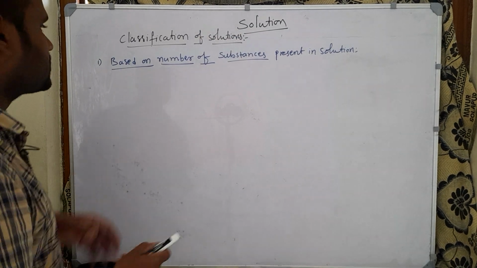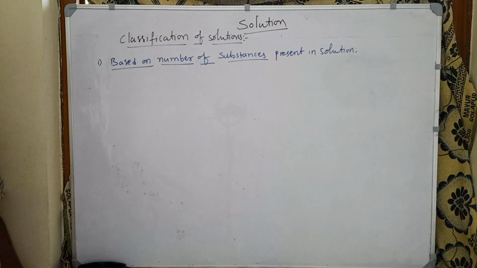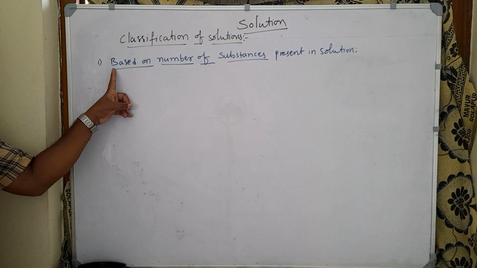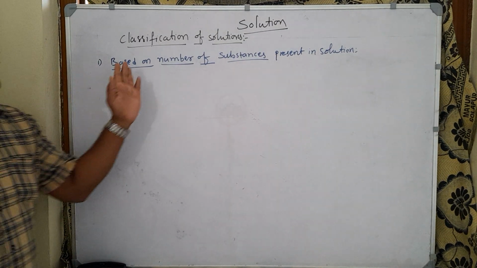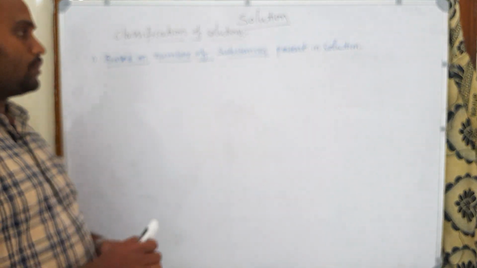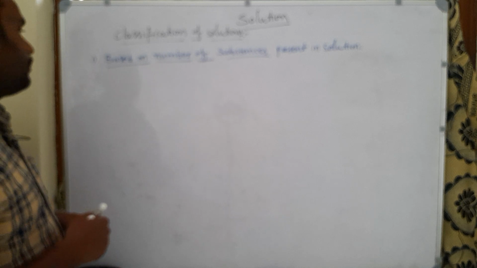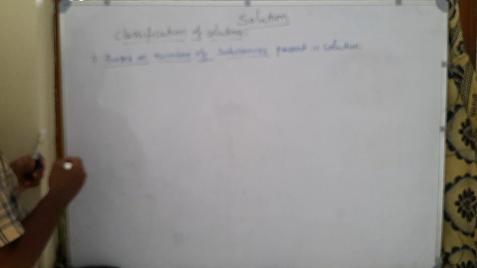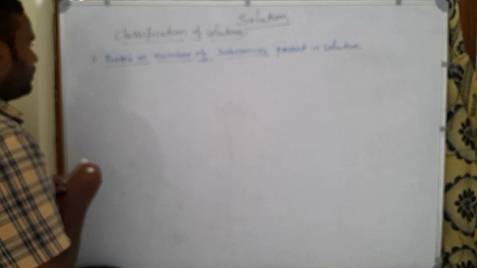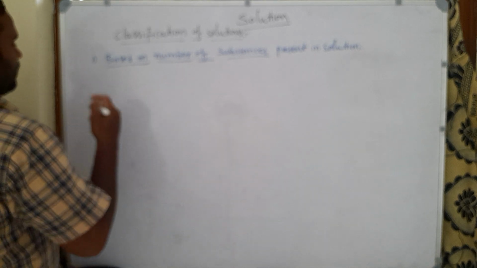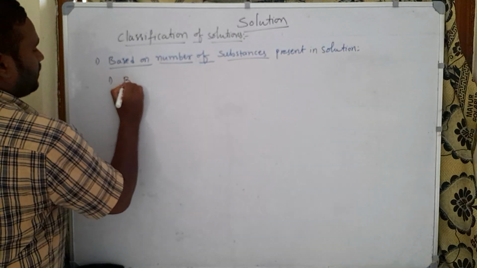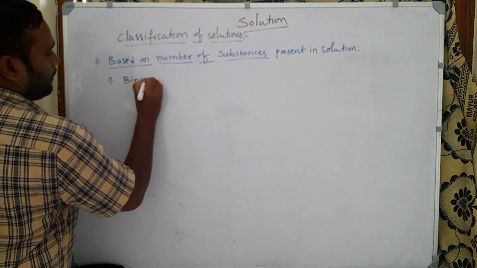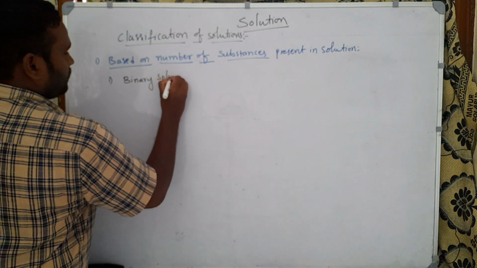Next let us discuss classification of solutions. First, we can classify the solutions based on the number of substances present in a solution. We already know a solution should contain at least two components. The first one is binary solution.